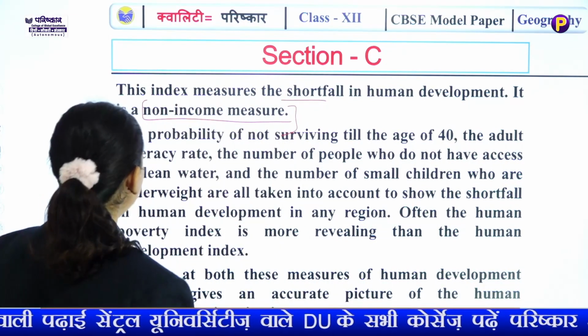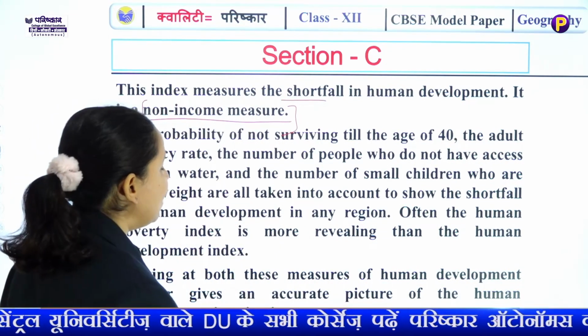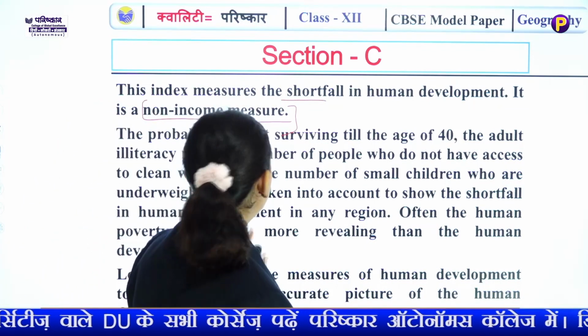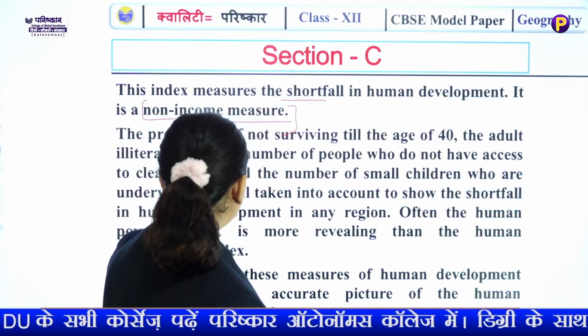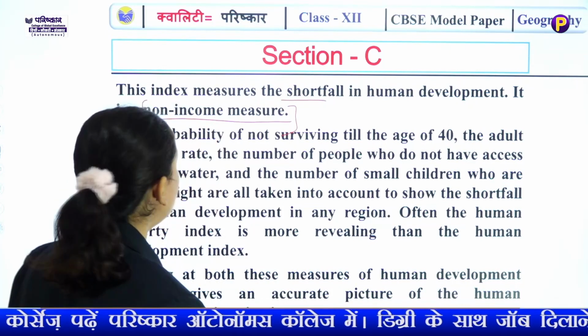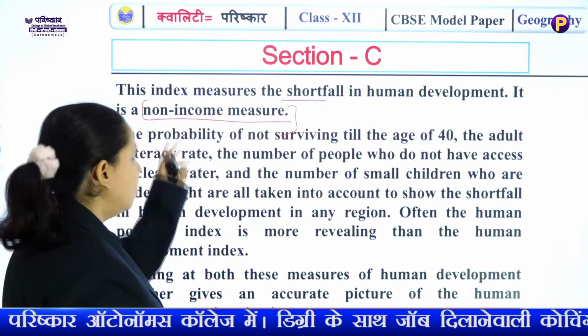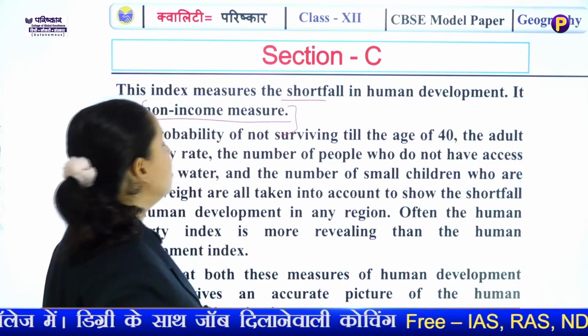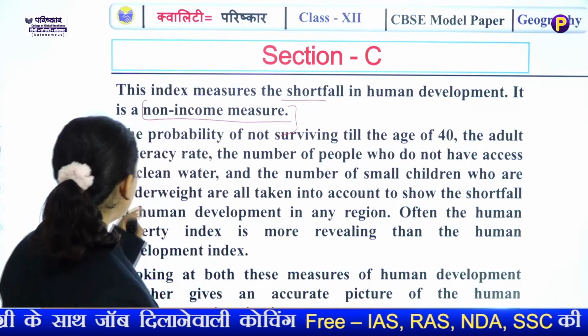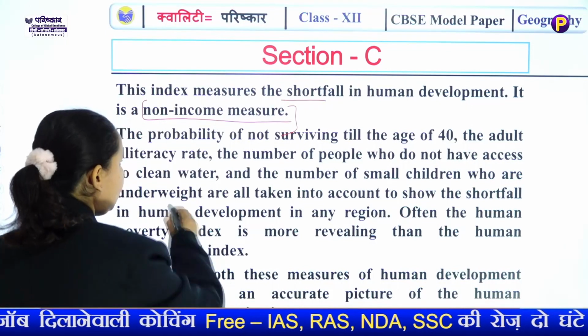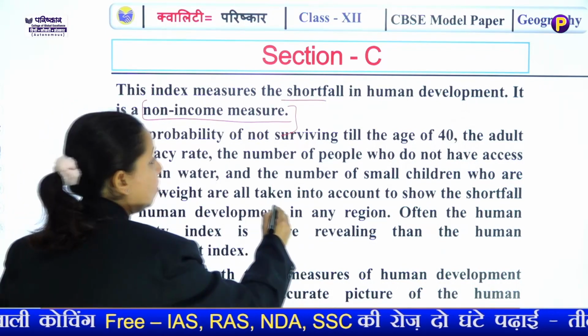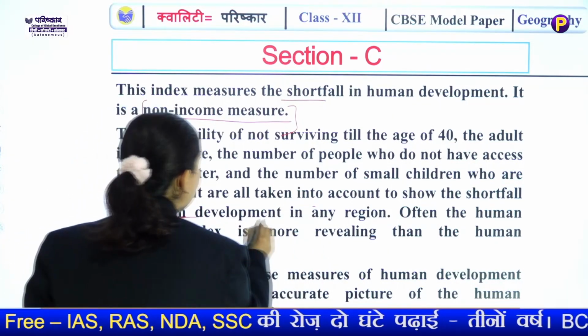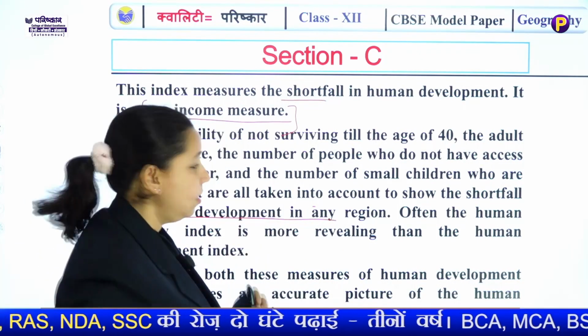The probability of not surviving till the age of 40, the adult literacy rate, the number of people who do not have access to clean water. Now you can see the non-income measures. These are the parameters. The number of small children who are underweight. These are all taken into account to show the shortfall in human development in any region.